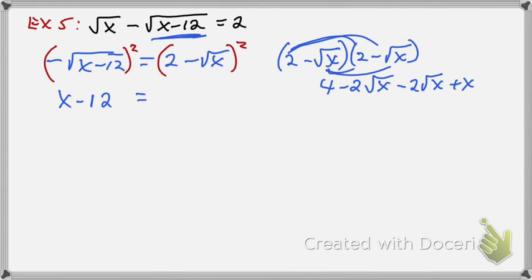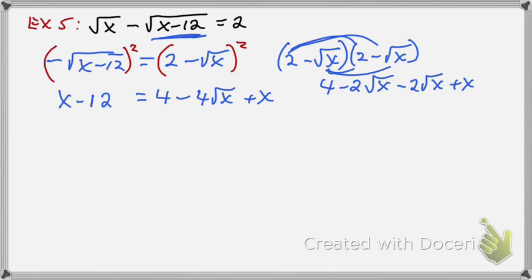All right, so then over here I've got 4. I've got negative 2 square root of x and then another negative 2 square root of x. And then just x, yeah? Now notice that follows the rule for a perfect square trinomial.